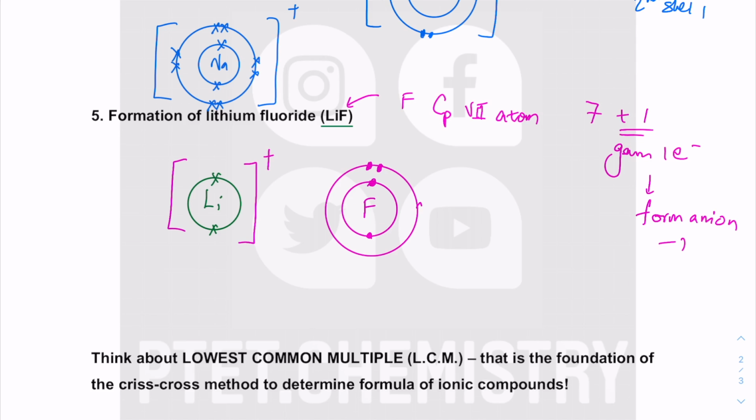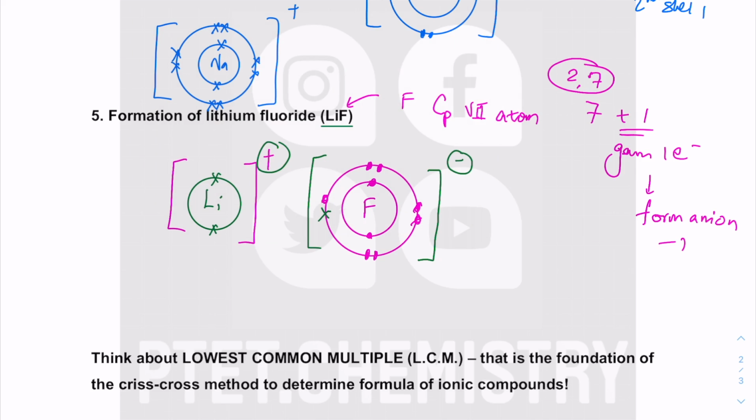So originally I have 7 electrons in the outer shell because originally it would have been 2, 7, meaning to say 7 electrons in the second shell because it's group 7. And then I would have gained 1 extra electron from the lithium atom that gave away the 1 electron.